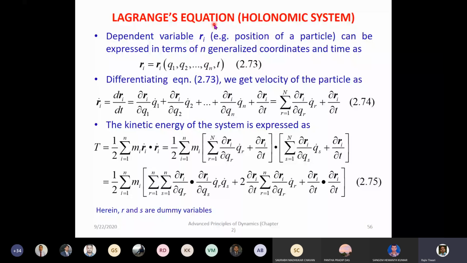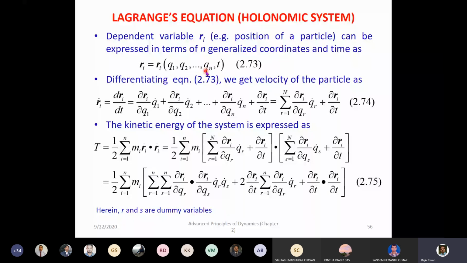So generalized coordinates are q1, q2, q3, and for n degree of freedom system, we'll be having n generalized coordinates. Also, this position will depend upon time because we are dealing with the dynamic forces. So the position can be expressed as a function of n number of generalized coordinates and the time.